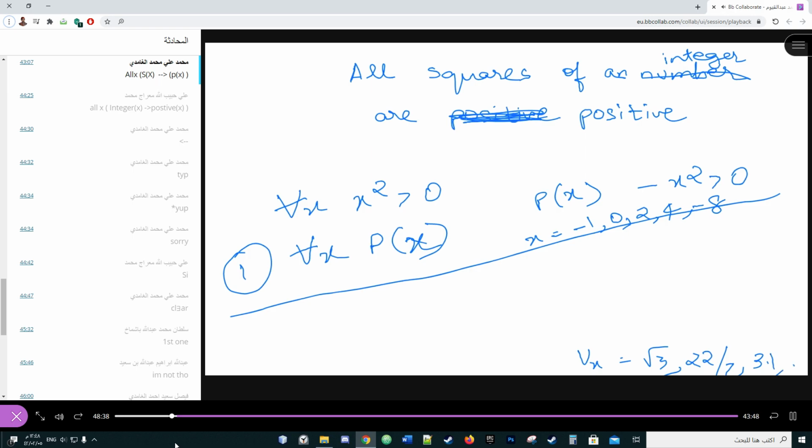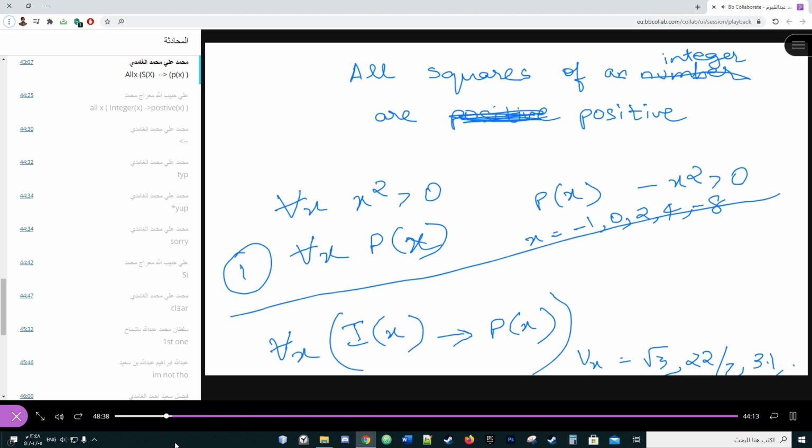So this will not work because we are not talking about all numbers. This English statement talks about only integers. So I have to first say it's an integer. So I use: if x is an integer, like Muhammad Ali has put it, then the square is positive. And this is true for all numbers.